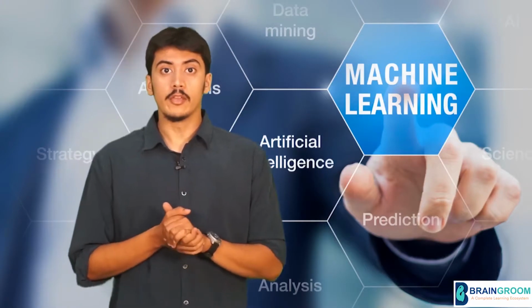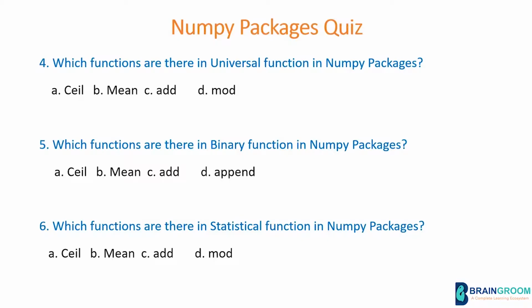Time's up. Now evaluate yourself and keep listening. The first question is, which functions are there in universal function in Numpy packages? The options are ceil, mean, add and mode. So ceil function is used to find the largest value, whereas floor function is used to find the smallest values, and those all come under the universal functions.